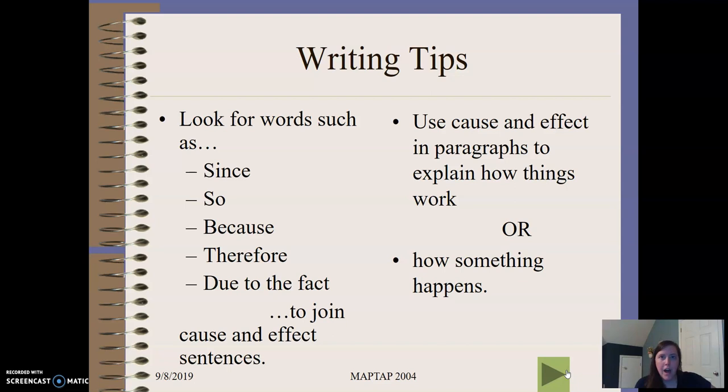For example, this is going to sound super strange, but I'm fascinated with license plates. I want to know what caused the government to decide that we needed license plates. And so I could write a cause and effect on license plates.